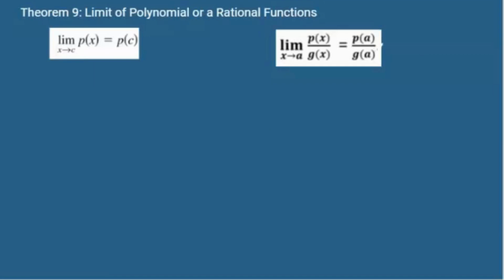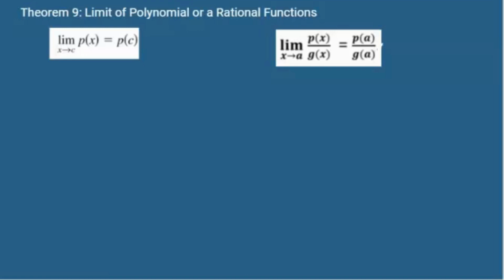For theorem number 9, this is the limit of a polynomial function or a rational function. So if p of x is a polynomial, then the limit of p of x as x approaches c is equal to p of c.